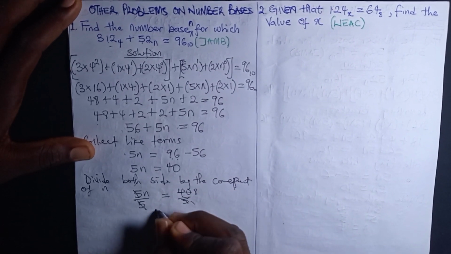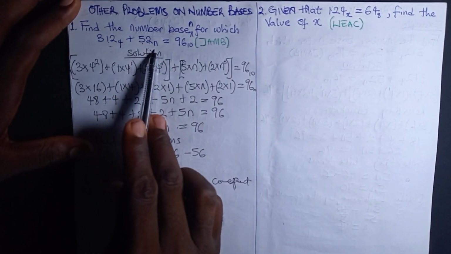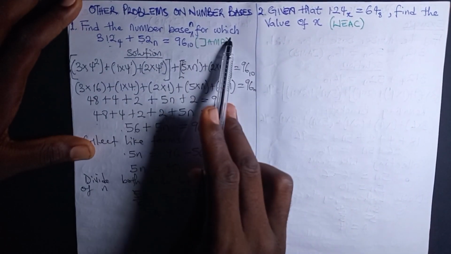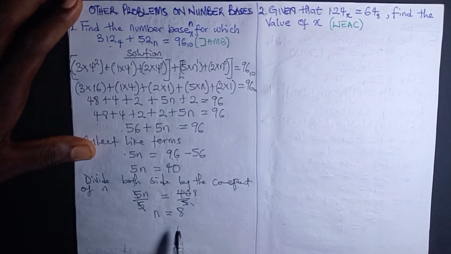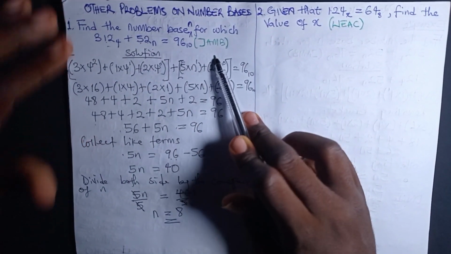So your answer, n is equal to 8. We were asked to find the value of n, and the value of n is 8. So this is the answer to this question.